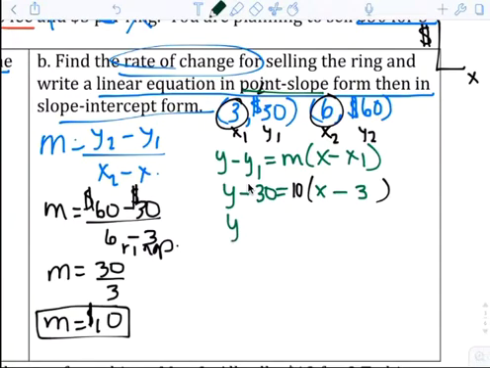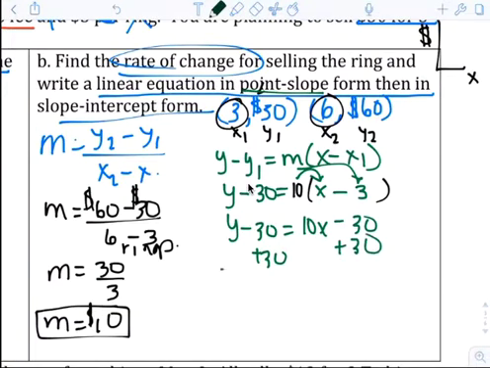So you get y minus 30 equals 10x minus 30. Add 30, add 30. Y equals 10x plus 0. You don't have to do the plus 0 though. That's your answer.